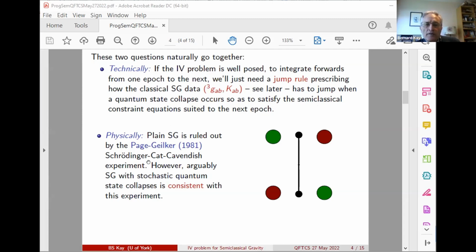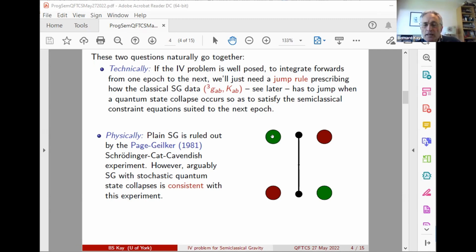On the other hand, physically, it's very interesting to combine semiclassical gravity with GRW-type collapses, because plain semiclassical gravity is ruled out, as we all know, by the Page-Geilker Schrödinger cat Cavendish experiment. So you have two heavy masses.